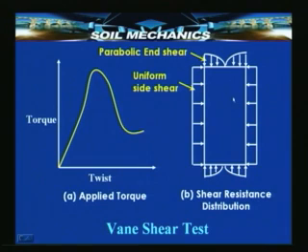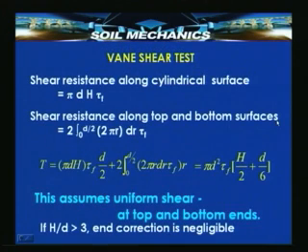The shear resistance offered by the soil is assumed to be having a parabolic distribution. Now how do we arrive at an expression at the time of failure? The shear resistance along a cylindrical surface is pi d h tau f.